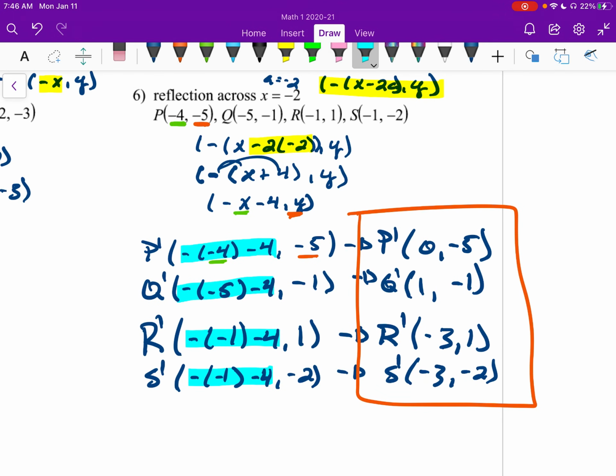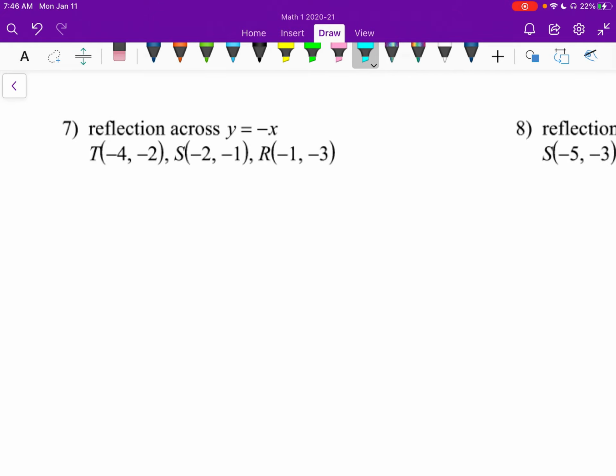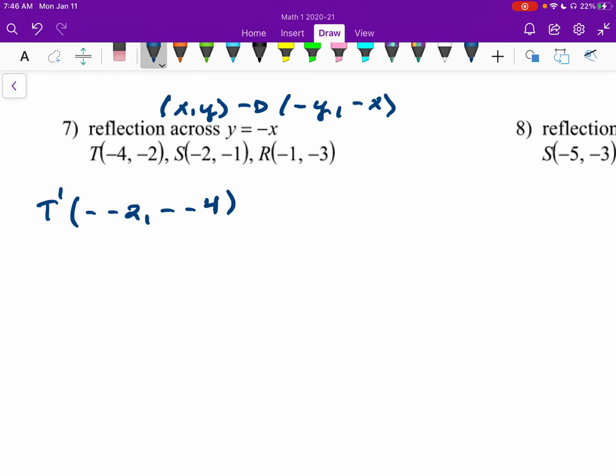All right, that's number 6. Number 7, we're reflecting over y equals negative x. So remember, our formula here is (x, y) goes to (-y, -x), right? You should have written that down, I think, in the last lesson. So T prime will be (-(-2), -(-4)), which is (2, 4).